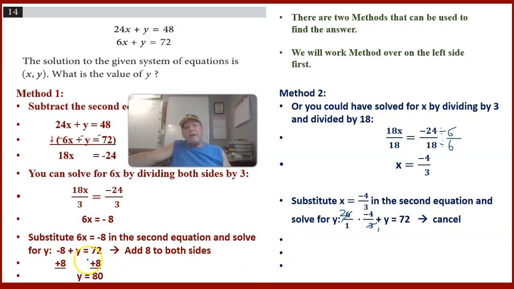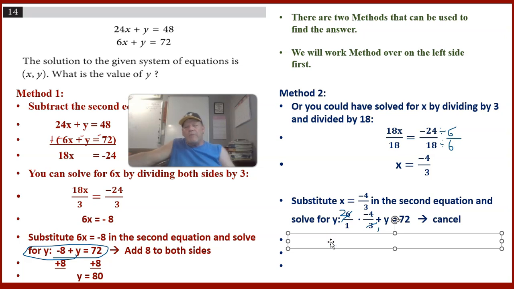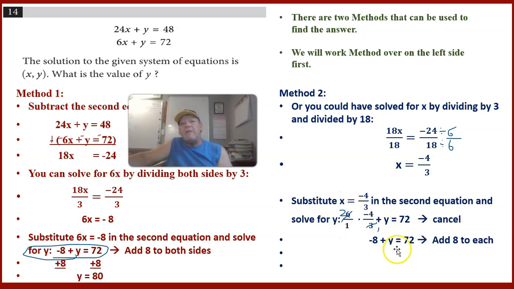You're going to get this same answer that we had over here that I just circled in blue. So the 2 times negative 4 is going to give you negative 8 plus y, like we did over on the left. You add an 8 to both sides, and you still get y equals 80. Either way, whichever way makes more sense to you, you can do.